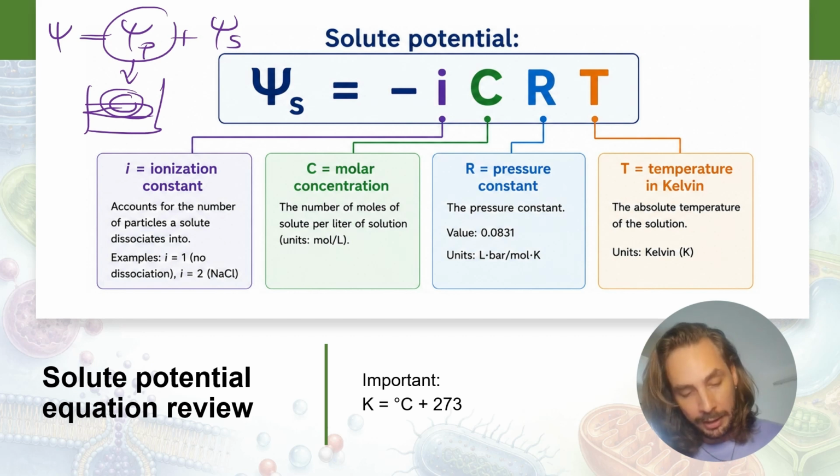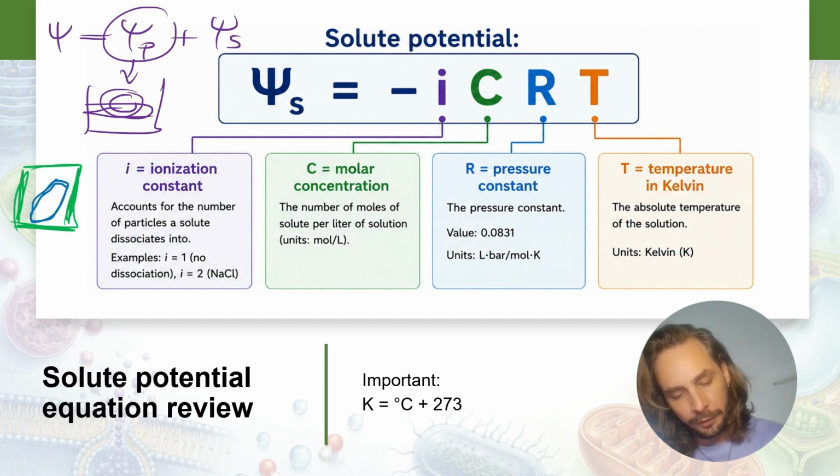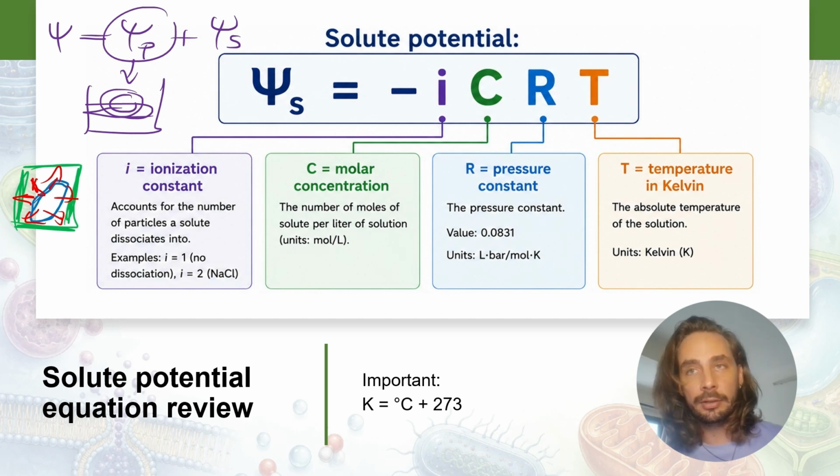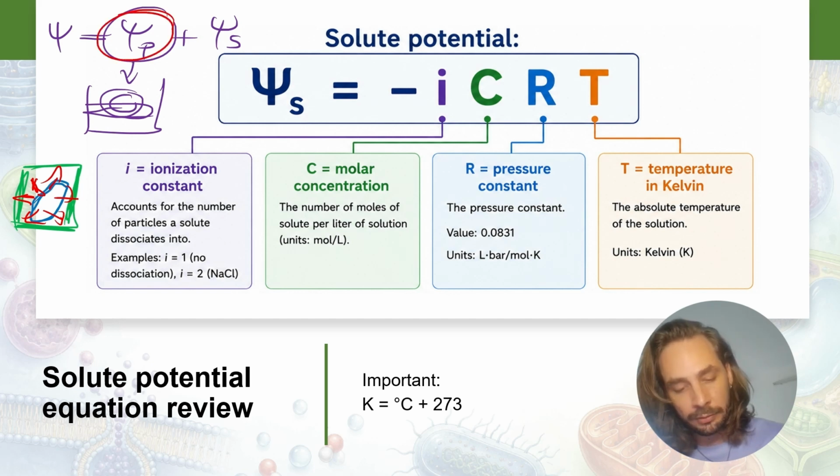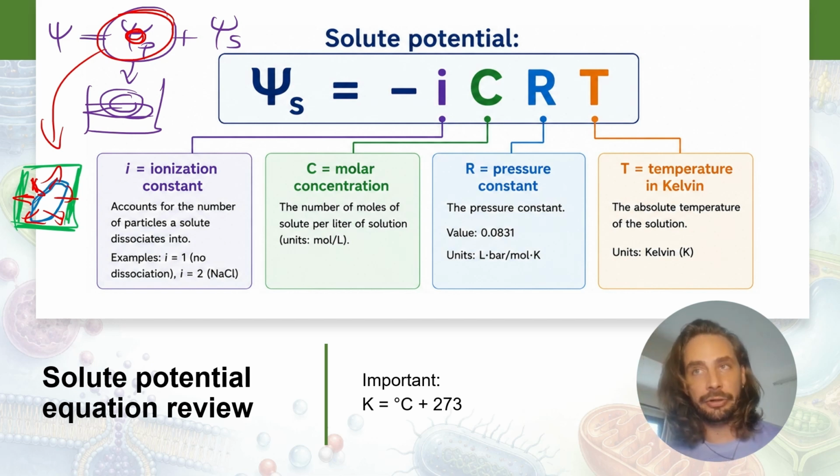But if I have a cell wall and a vacuole filled with water, it creates pressure on the cell wall, and then I can't ignore the pressure potential; I would have to add that in. But otherwise, we can just assume that it is 0.